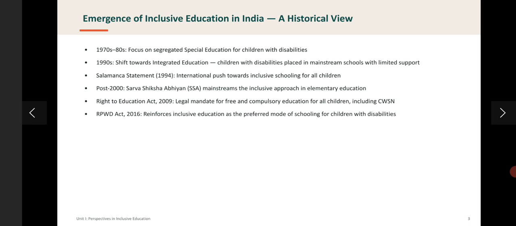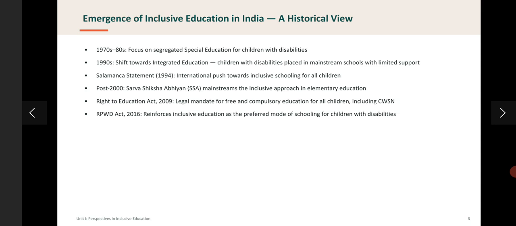In the same year, the Ministry of Human Resource Development implemented a National Action Plan for the inclusive education of children and youth with disabilities. Then came inclusive education of the disabled at the secondary stage, moving along in 2009 to 10.